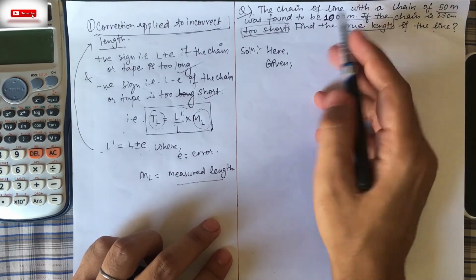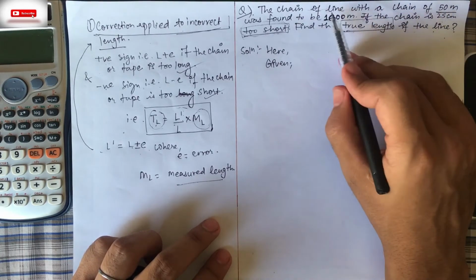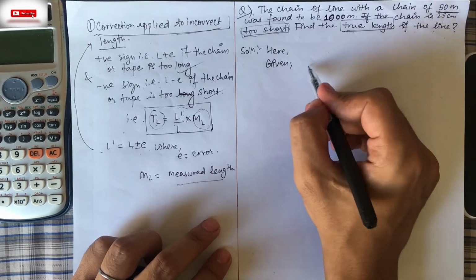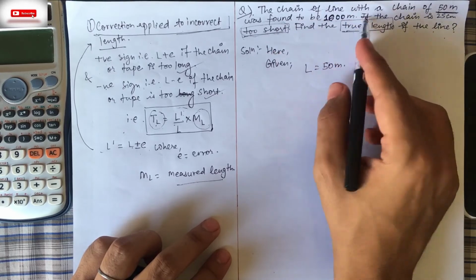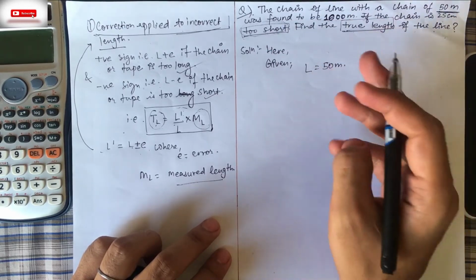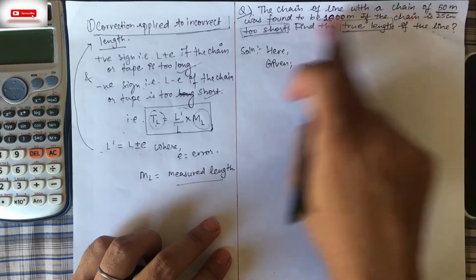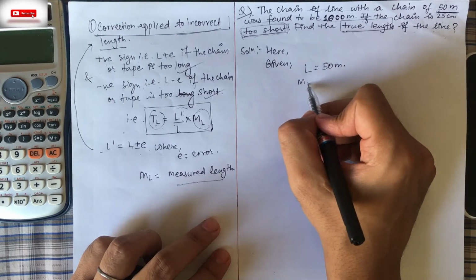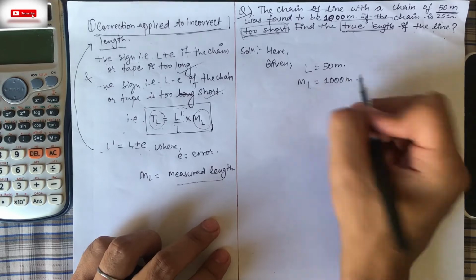The question is very simple. Okay, let's see what are the given terms. The chain of the line with a chain of 50 meter. Our chain is 50 meter, that is length L, was found to be 1000 meter. That is measured length, so we'll write ML equals 1000 meter.